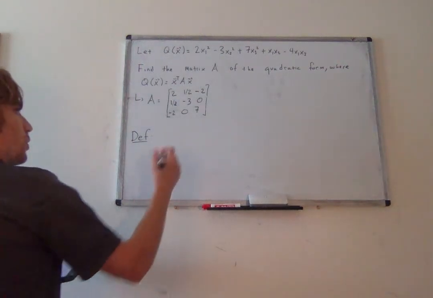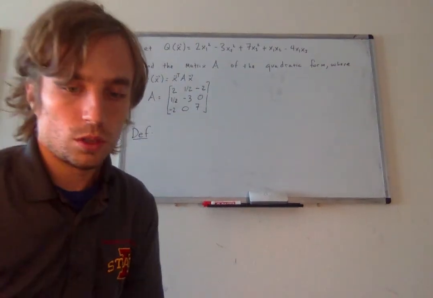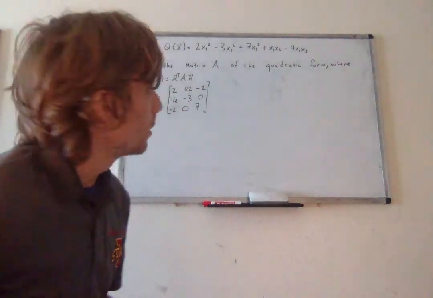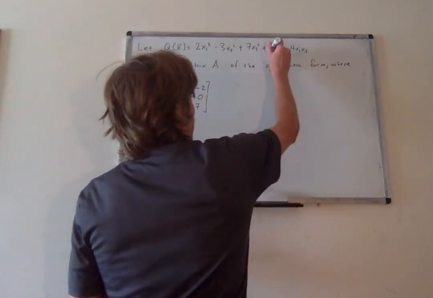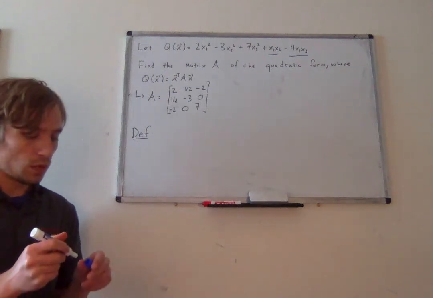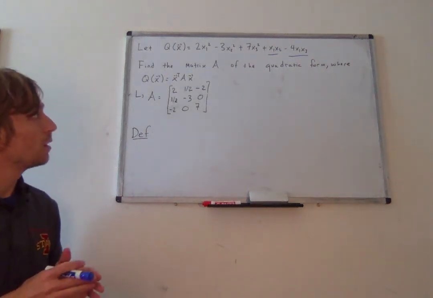As we'll see in video 2, we're eventually going to want to look at quadratic forms that don't contain these terms where we're multiplying variables together.